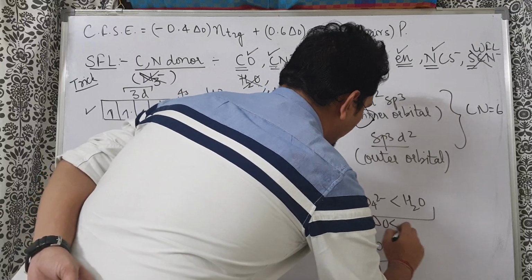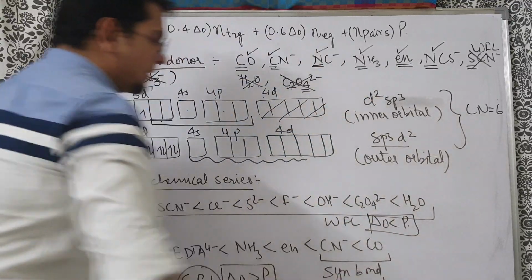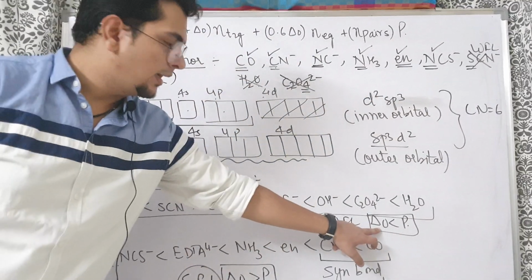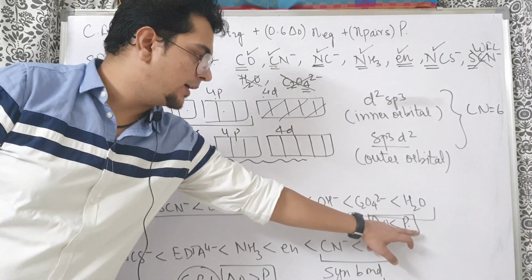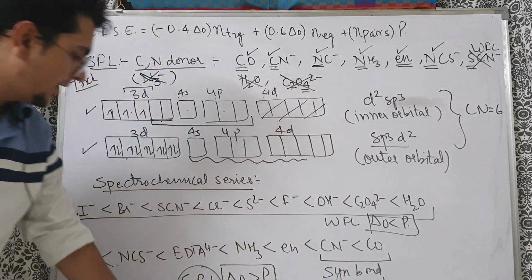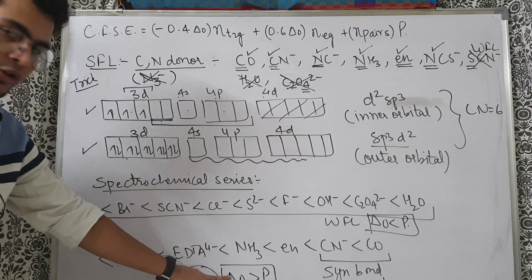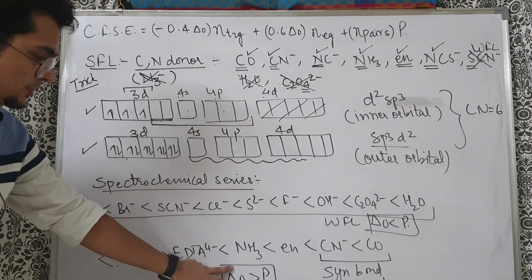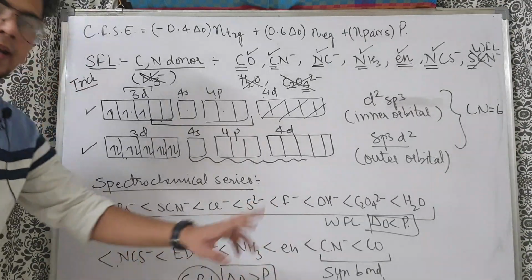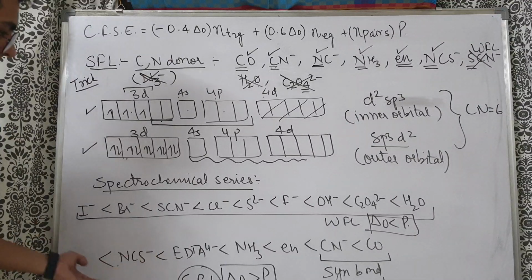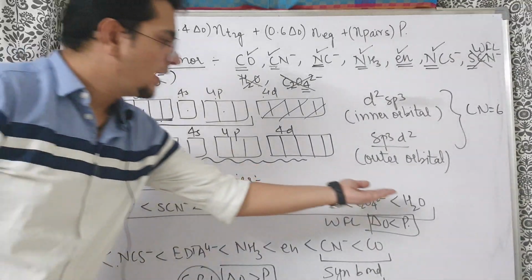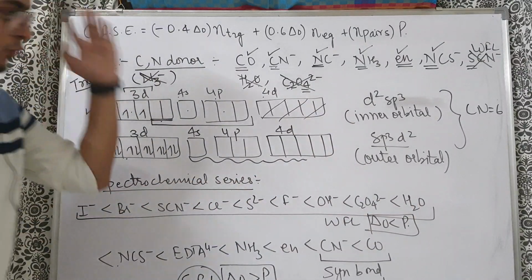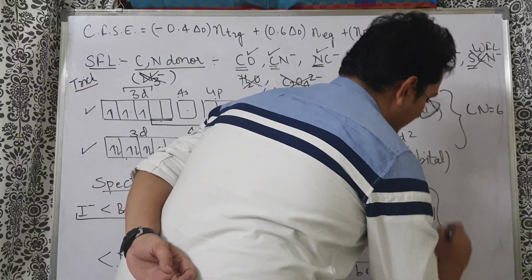That means delta O is less than the pairing energy, so the electron will jump up and will not pair because pairing requires more energy. In the strong field case, the electron will not jump because delta O is more, but pairing it will do because the pairing energy is lesser. So strong field ligands are these, weak field ligands are from water onwards.